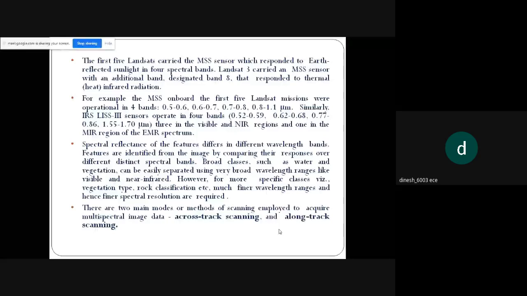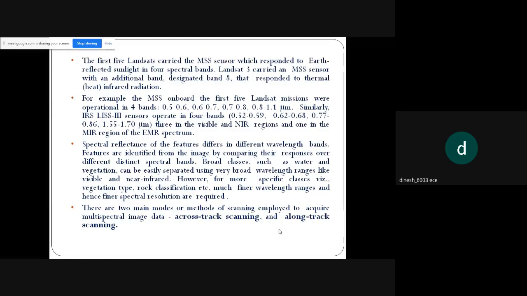Another feature of the spectral is that the spectral reflectance of the features differs in different wavelength bands. So the features are identified from the image by comparing the responses over different distinct spectral bands.